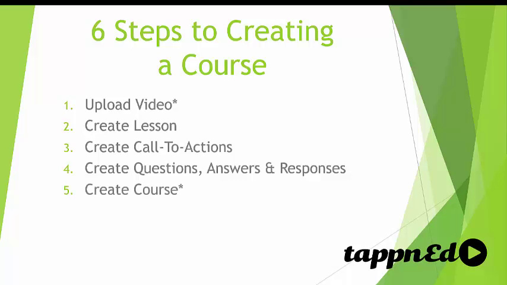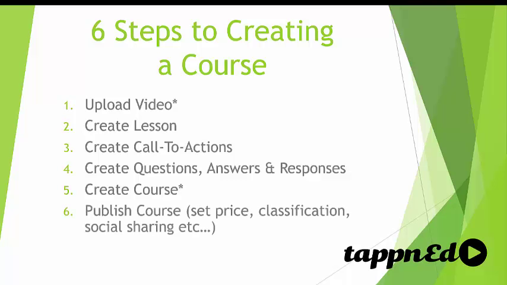Then you can create the course. Now if you create the course last or first, it doesn't matter. They're interchangeable. Then you can publish the course. So you can set the price, set the classification, whether it's G, M, R, set the social media sharing options as well.